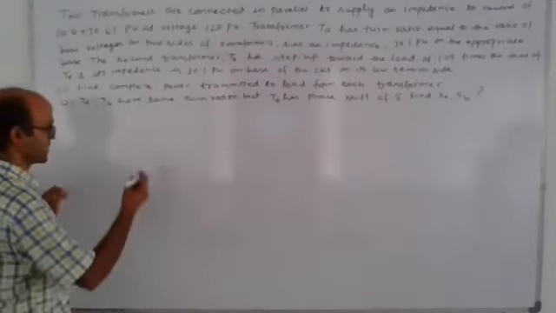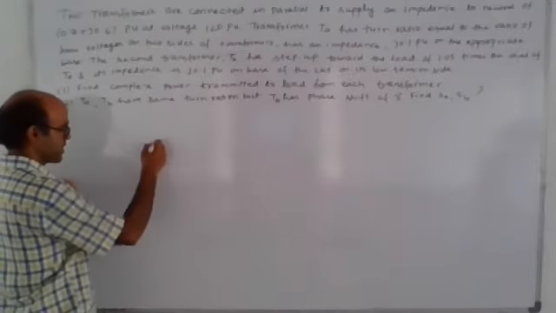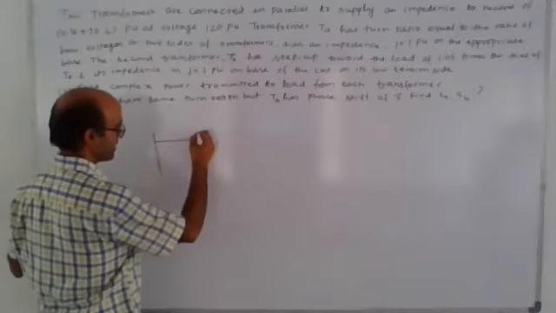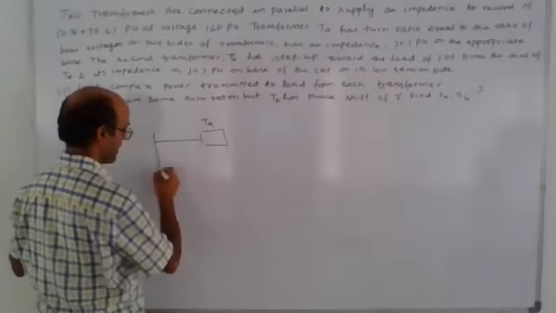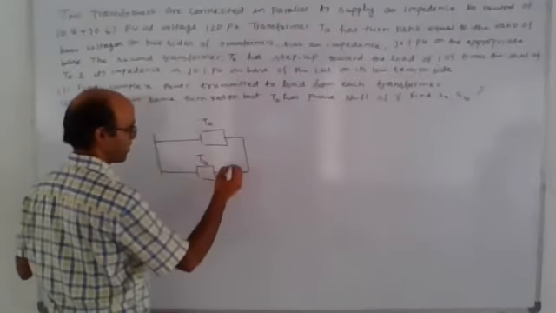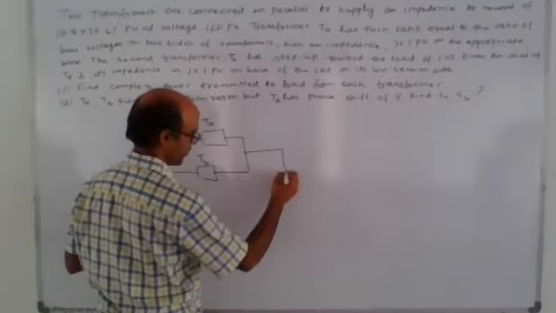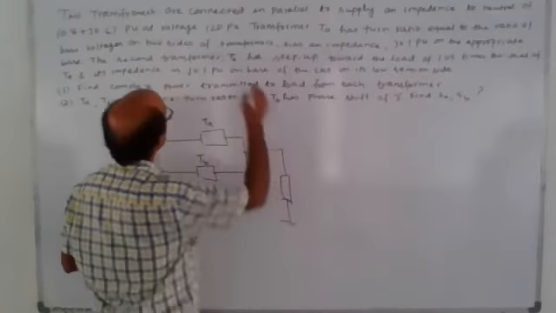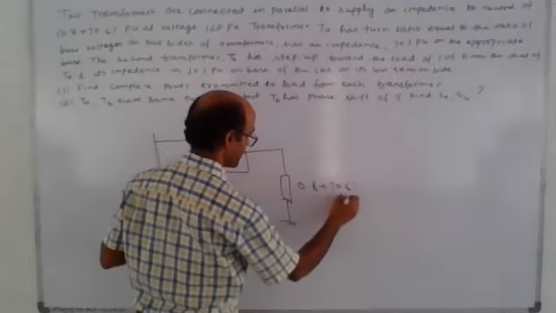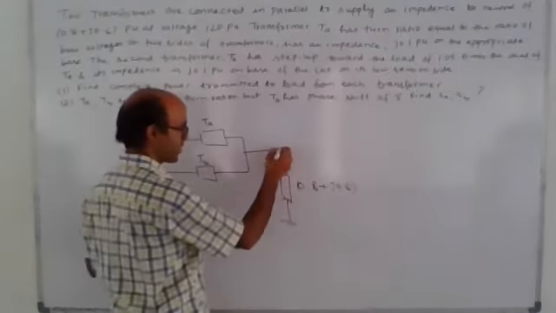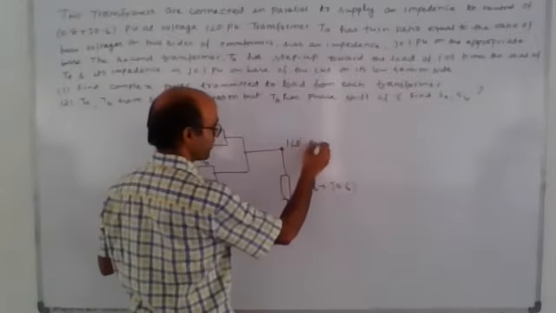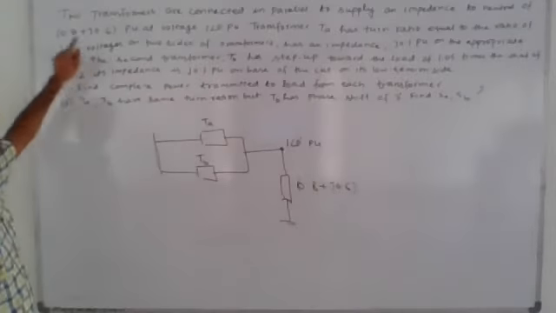So there are two transformers, transformer A and transformer B. They are supplying power to some load, and the load is given as 0.8 plus j 0.6 per unit, and its terminal voltage is also given, that is 1 angle 0 degree per unit.